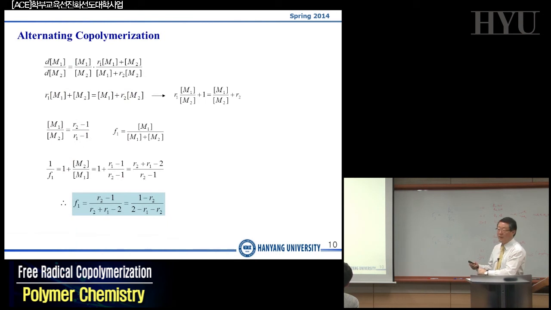Therefore, depending upon what kind of copolymers you obtain, whether the alternating copolymer, azeotropic copolymer, ideal copolymer or random copolymer, you have different R1 and R2 values, so that the copolymerization might be modified to your needs, okay, in this case.